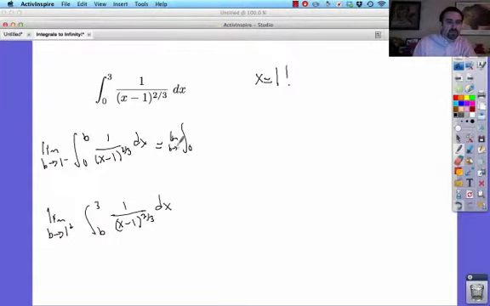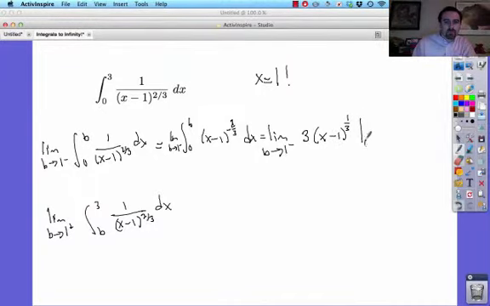The limit as b goes to 1 from the left of the integral from 0 to b of x minus 1 to the negative 2/3 dx. And we have, okay, we add 1 and we get 1/3. We take the reciprocal, so we get 3 times x minus 1 to the 1/3 from 0 to b.